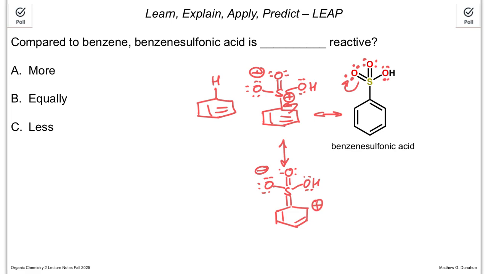So because the ring is positive, if it were to undergo another substitution reaction, it's going to happen slower because those electrons can't get to the electrophile as easily.